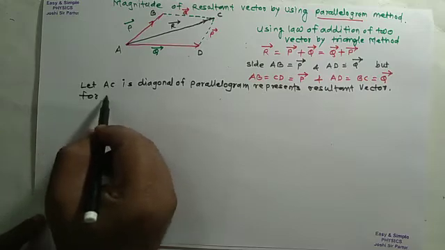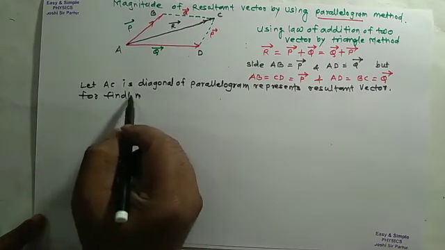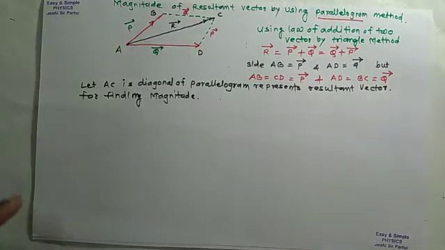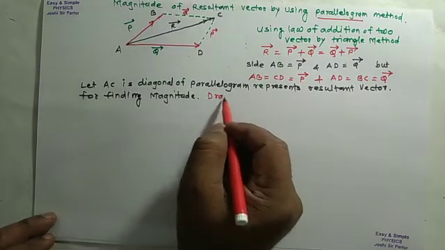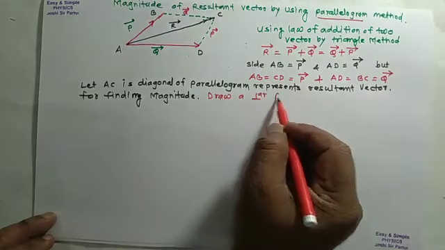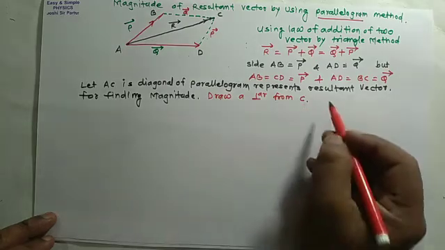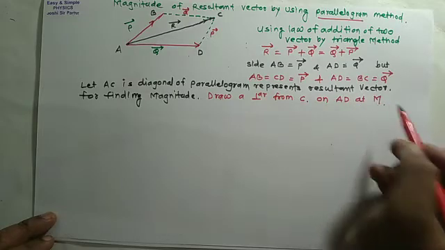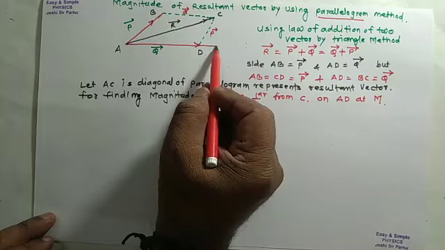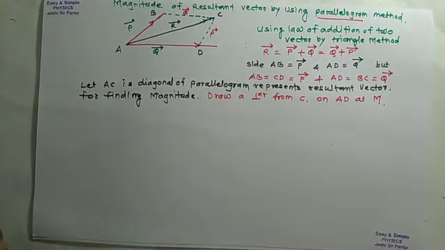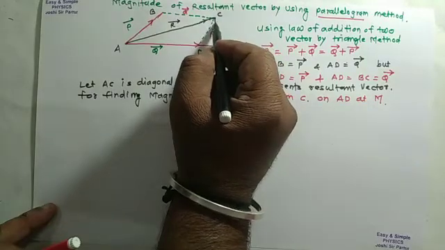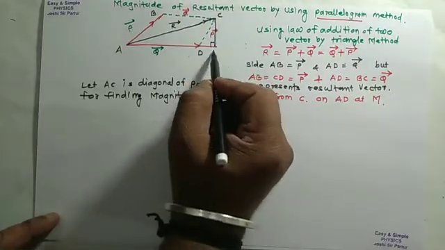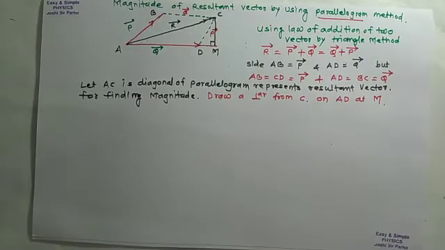For finding its magnitude, draw a perpendicular from point C on AD at M. So here a perpendicular is drawn, and 90 degrees will be there on AD at M.